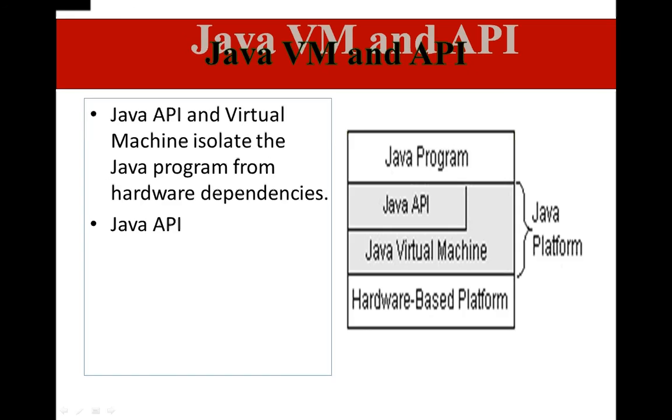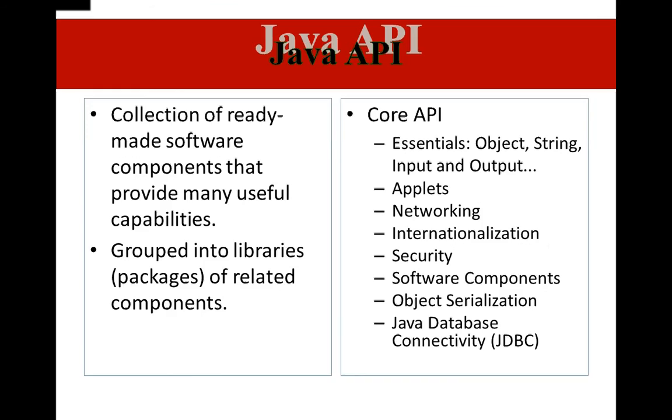Coming to the Java API, the Java API and Java Virtual Machine together form the Java platform. When I say the Java platform is installed, it means the Java API and the Java Virtual Machine.